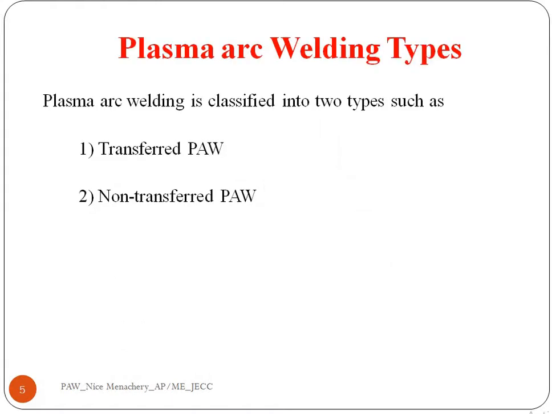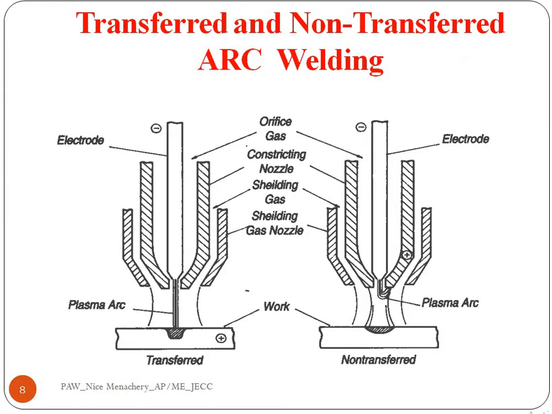Plasma arc welding processes are classified into two types: the transferred plasma arc welding process and the non-transferred plasma arc welding process. The basic difference between these two types is the polarity, that is, the connection of the positive and negative terminals. This is the figure of the transferred and non-transferred arc welding processes.